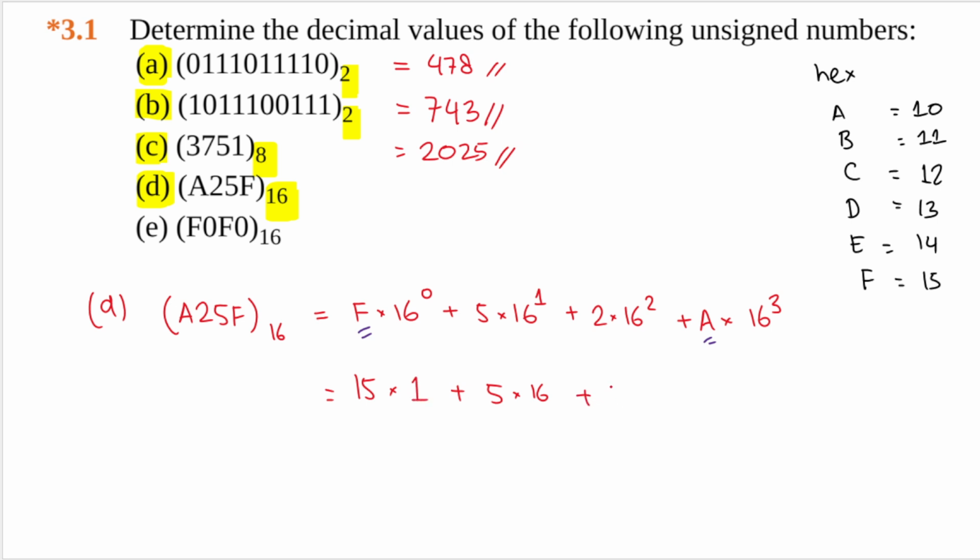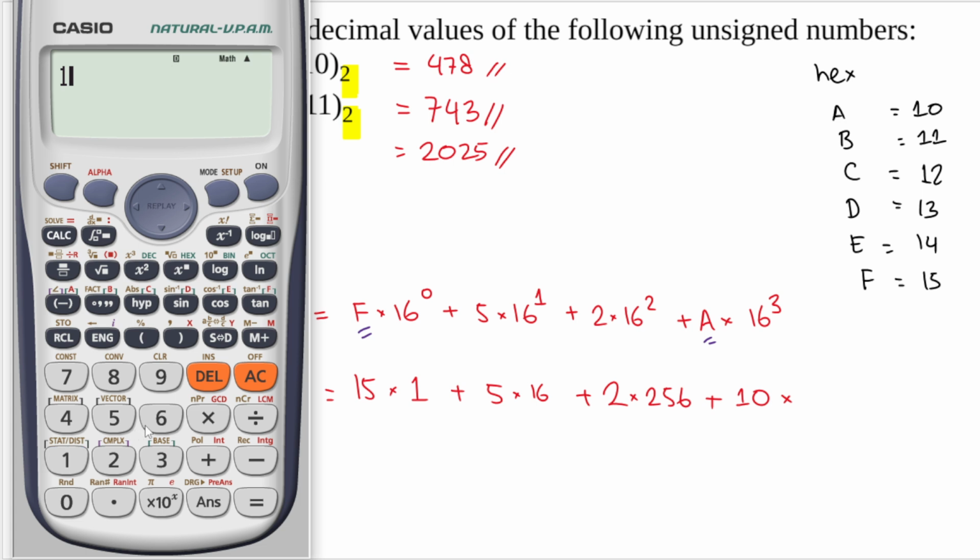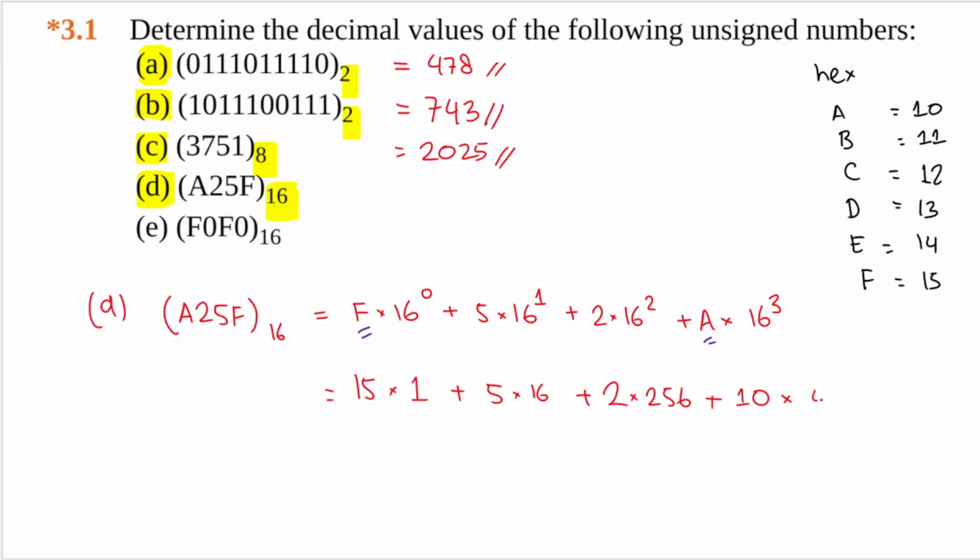And then we will have 5, which is still 5, multiplied by 16. And then we will have 2 multiplied by 16 squared, which is 256. But A is 10, so we will have 10. But 16 to the third power is hard to calculate. I don't remember actually. So yeah, 4096. Okay, and let's just plug this into the calculator, right?